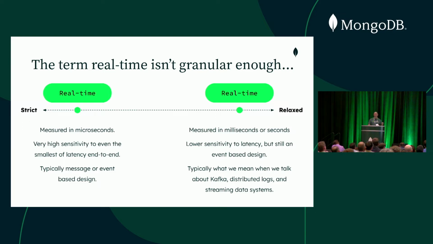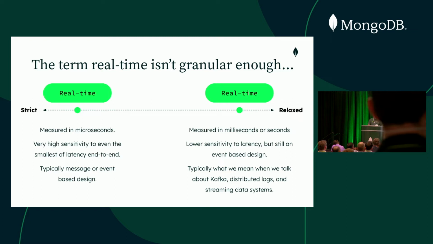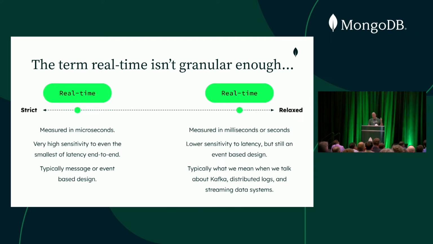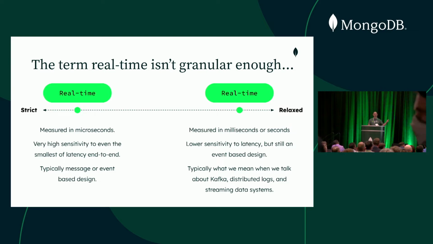What we really mean by real-time in this talk is what most people would think of as Kafka. Distributed log, events on a bus, pulling those events off and doing something with them. So measured in milliseconds and seconds, not just milliseconds or below, microseconds. A little bit less sensitive to latency relative to something like an ABS computer.